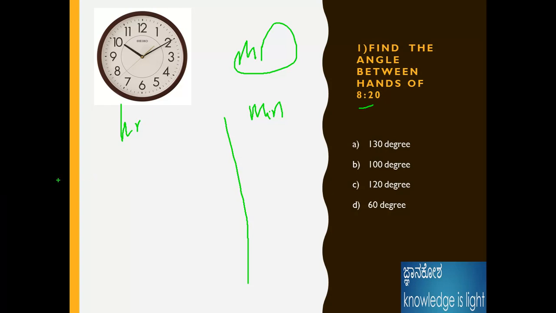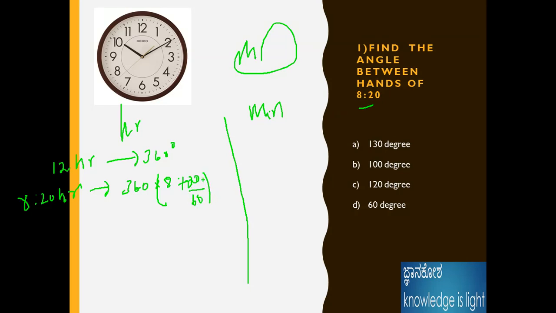For 12 hours, we already know it is 360 degrees. Understand? That means if it is 8:20, that should be less than that one, right? Then we can keep it as a numerator: 8 plus 20 by 60, where I am converting minutes into hours. Then 1 by 12, here 1 by 3.